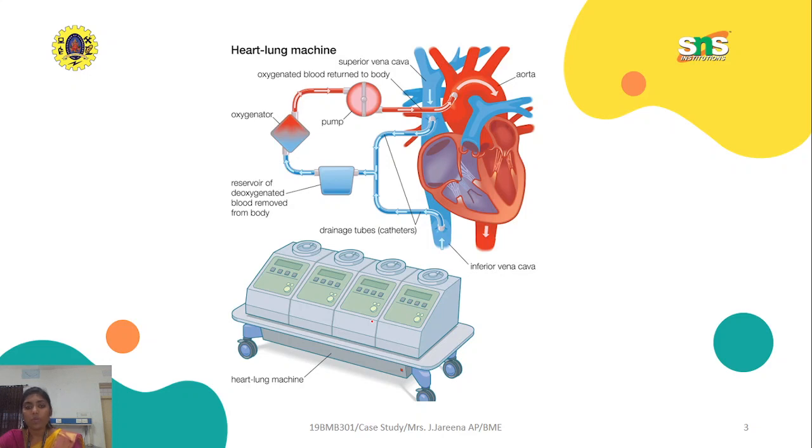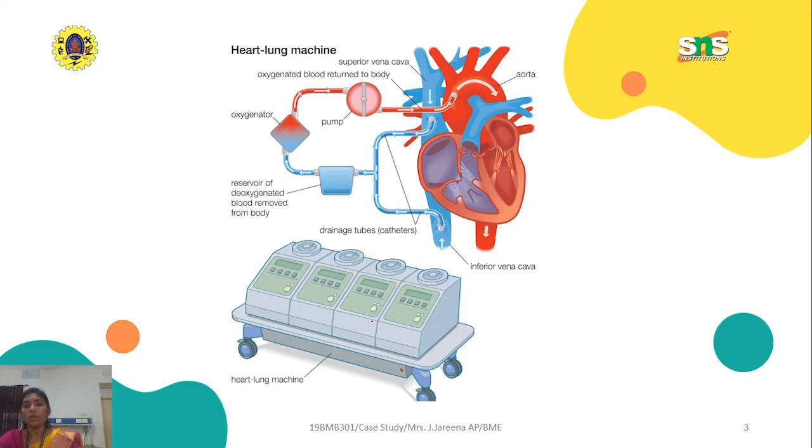Once again, I'm repeating: the heart collects all the deoxygenated blood from the inferior vena cava and superior vena cava, and then it goes into the lungs for purification. From the lungs it returns to the heart, and through the aorta it is distributed throughout the body.